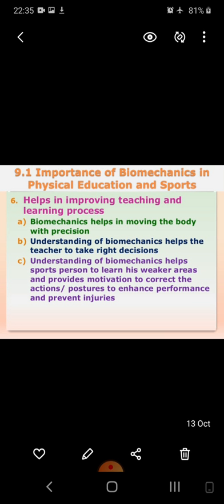And one more point I want to share with you, that is facilitating understanding of the human body. Biomechanics helps in understanding the complete human body. The knowledge of biomechanics provides teachers and learners with a better understanding of the human body and the various internal and external forces that affect human movement.